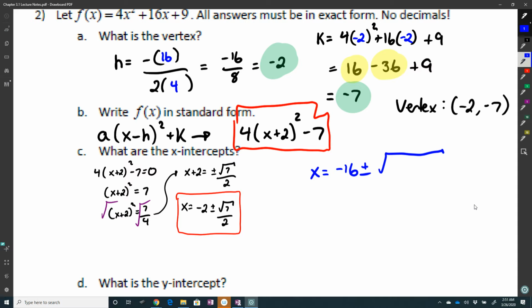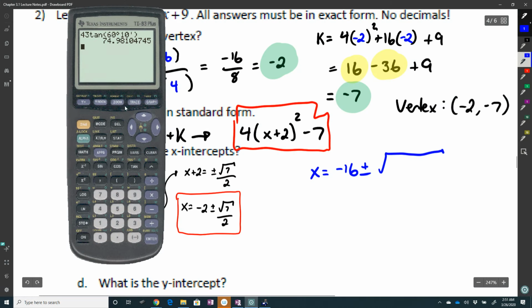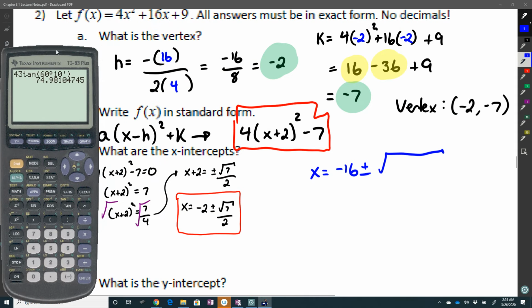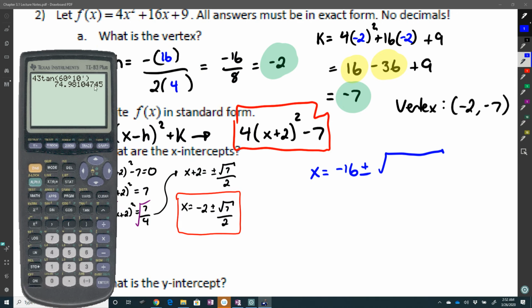So I go on my calculator and I just type in 16 squared. You know what? I'll bring up the calculator over here. When I was doing the video earlier, I completely forgot that I had a virtual calculator. Anyway, I'll just leave it over here.